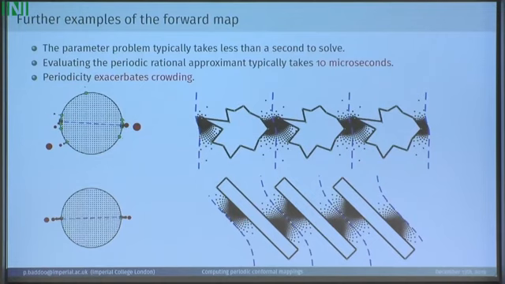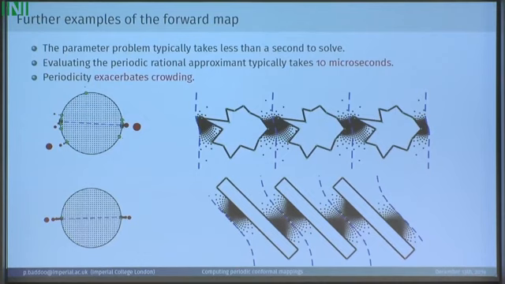And here is a much more challenging example where it's elongated. So we have this phenomenon of crowding, which has been mentioned several times today, and you can see that illustrated here. You can barely see these green dots because they're basically on top of each other, because this domain is being stretched out and the mapping wants to place these points as close to each other as possible.